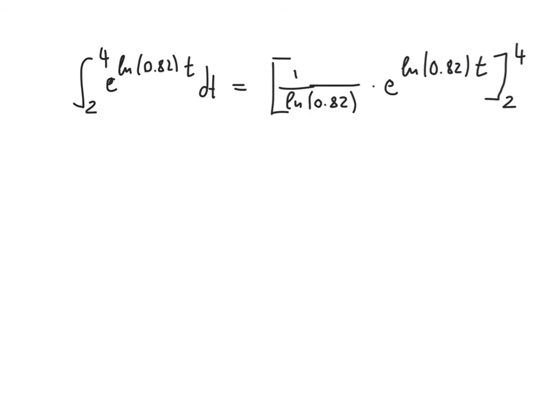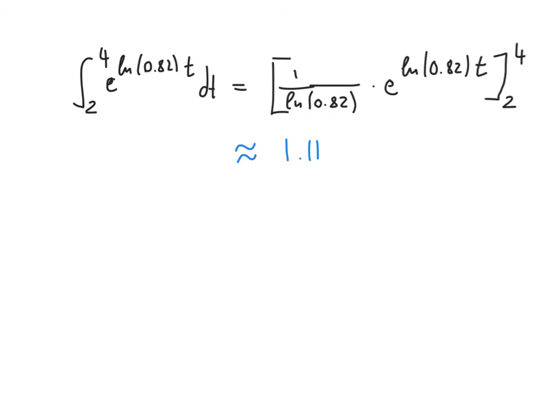And here is then our integral. So the definite integral for this function is this antiderivative evaluated at 4 minus this function evaluated at 2. So you can plug this now into a computer or calculator. And this gives us approximately 1.11.